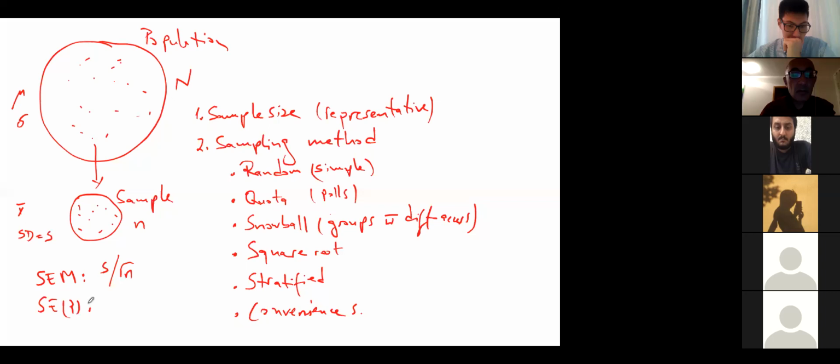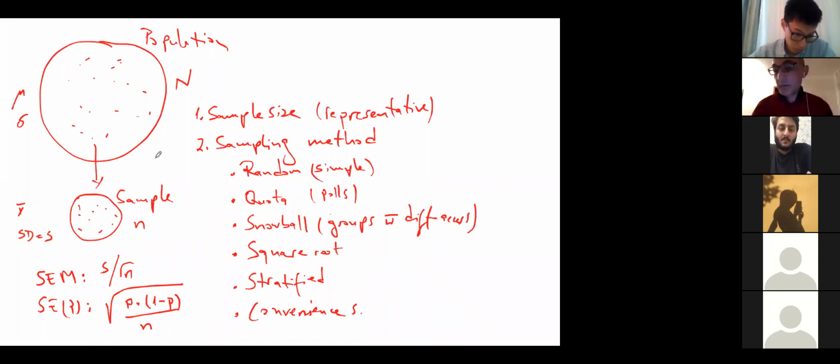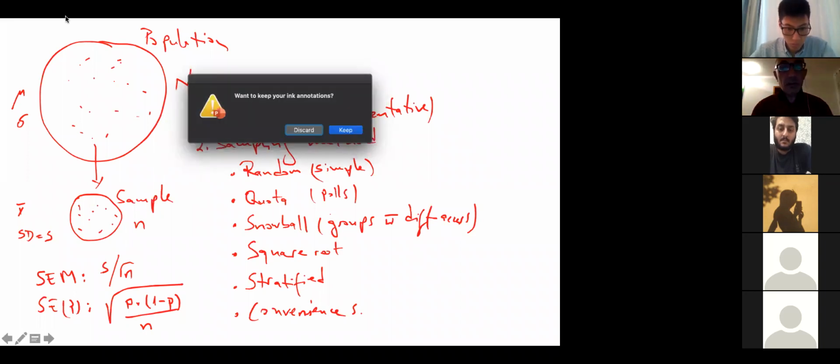And the formula for this was the square root of P multiplied by 1 minus P, the probability multiplied by 1 minus probability, divided by n. So far, this was a repetition just to help you to memorize what we learned.